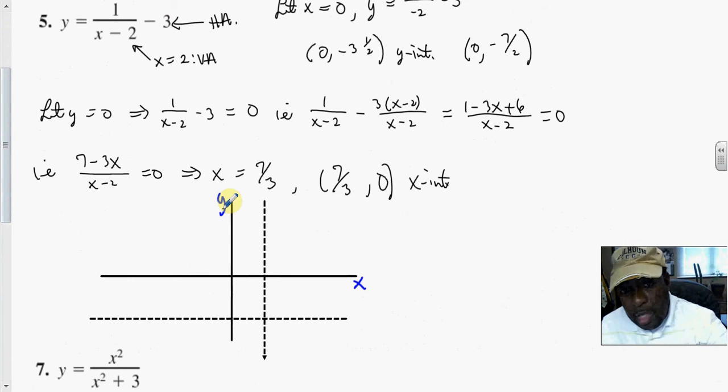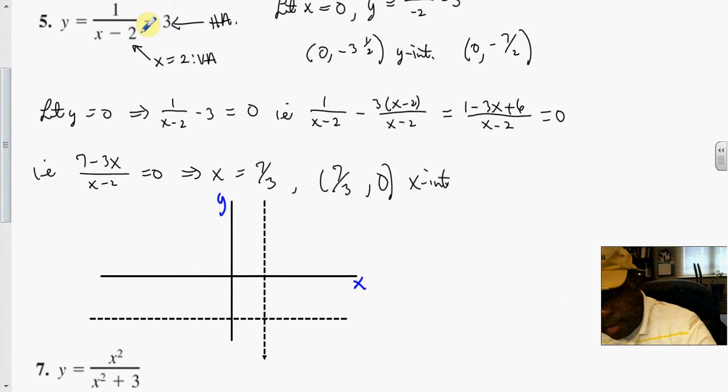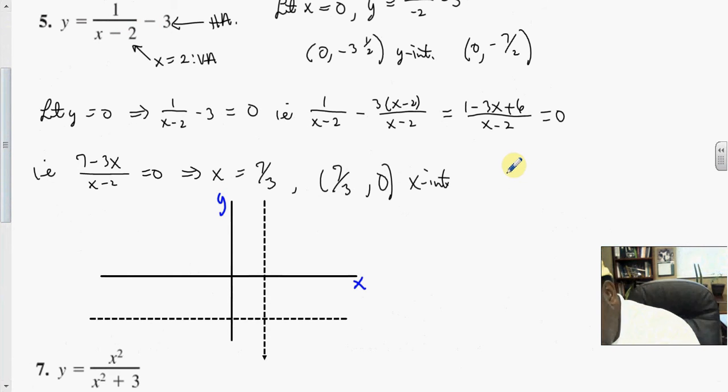Now, if you know the horizontal and vertical asymptote, the rational function takes on a basic graph for y equal to 1 over x. You remember that?